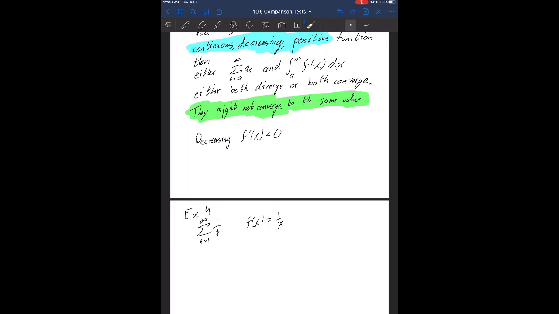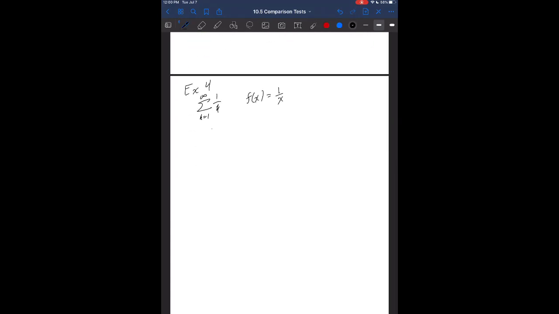So it is decreasing. And the last thing is that it needs to be positive. 1 divided by a positive number is definitely positive. So we need to figure out the integral from 1 to infinity of dx over x.